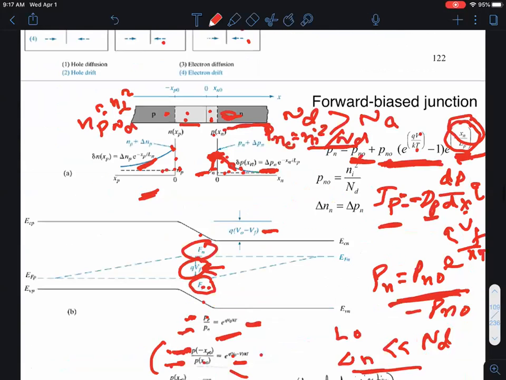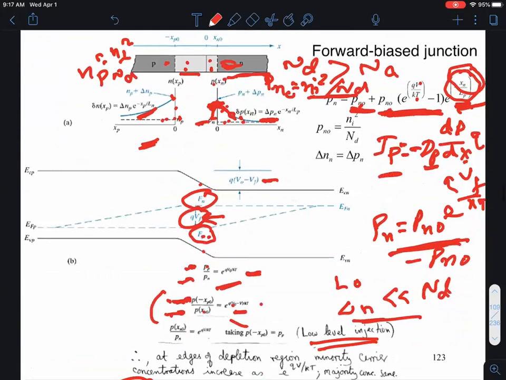All right. So the way you do that is by looking at the low level injection condition. You figure out that the minority carrier concentrations go up exponentially with voltage, while the change of the majority carrier concentration is ignored. And the way we did that was, you look at the ratio of the majority to the minority carrier concentration, which is given by this expression over here, in equilibrium.